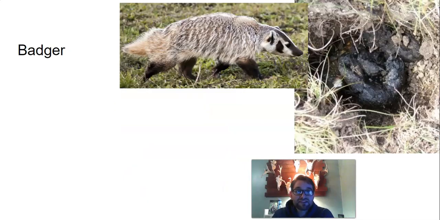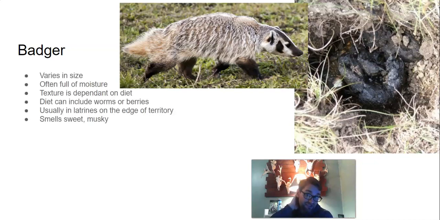One of the organisms that might be frequenting your area is a badger. Badger scat varies in size. It's oftentimes full of moisture. Its texture is dependent upon its diet. Its diet does include things like worms and berries, depending upon the time of the year. Oftentimes the indicator of badger scat is that they will dig a latrine and they will deposit their waste in the latrine.